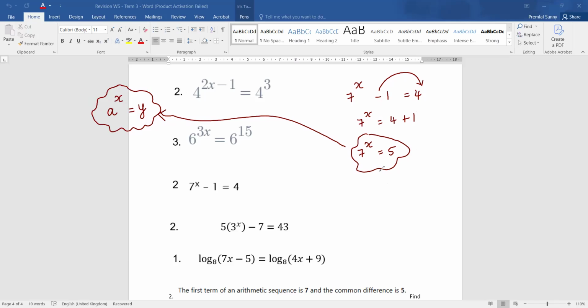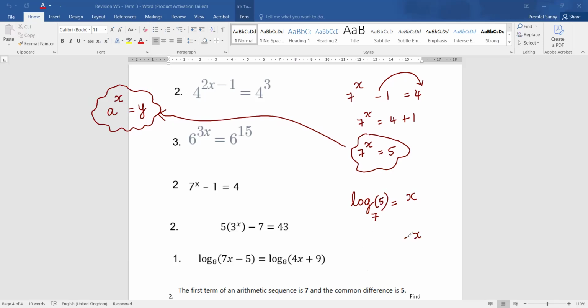How do we convert it into a logarithm? You write log first. The base of the exponential equation will be the base of the logarithm. The power, the exponent, will move to the right hand side, and the result 5 will come along with the log.